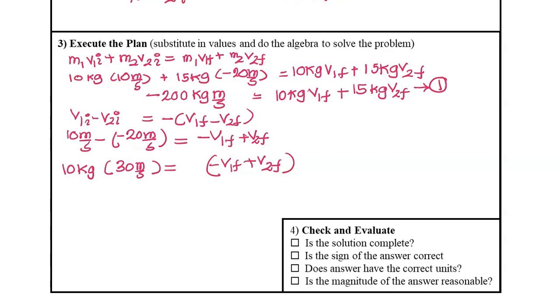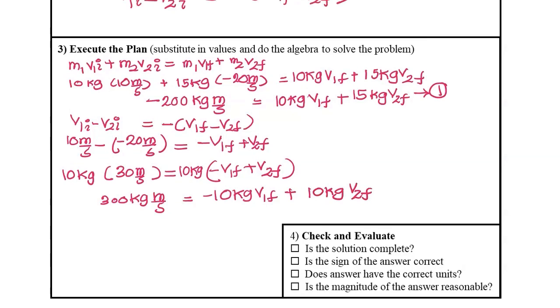I'm going to multiply both sides of the equation by 10 kilograms. I get 300 kilogram meters per second is equal to negative 10 kilograms V1 final plus 10 kilograms V2 final, and I'm going to label it as the second equation.